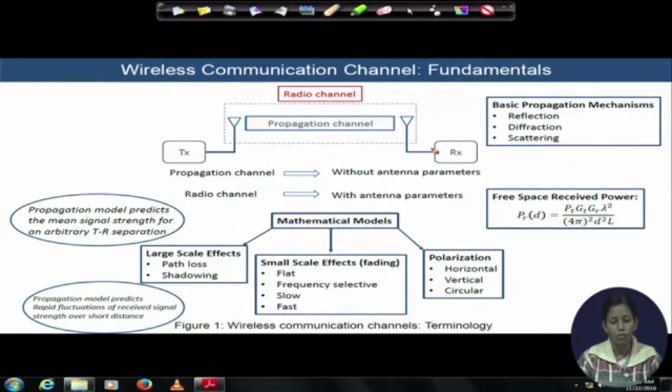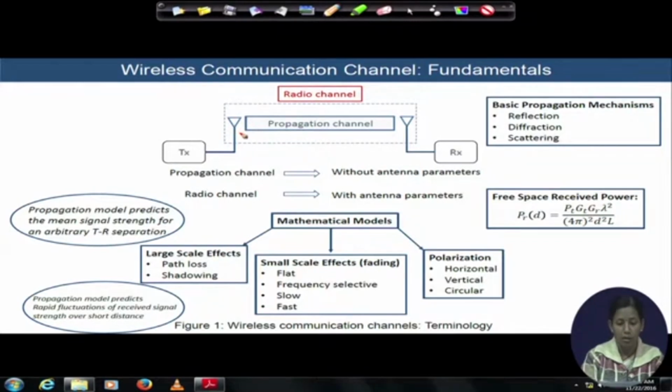Remember, when we talk about a wireless channel, technically there are two different kinds of channels that we consider for our discussion and analysis. One is the propagation channel. The propagation channel is the channel between the transmitting antenna and the receiving antenna, excluding any RF circuitry and the antenna itself.